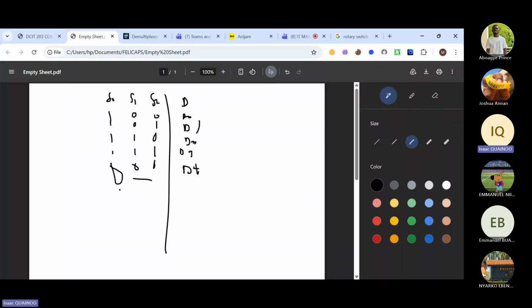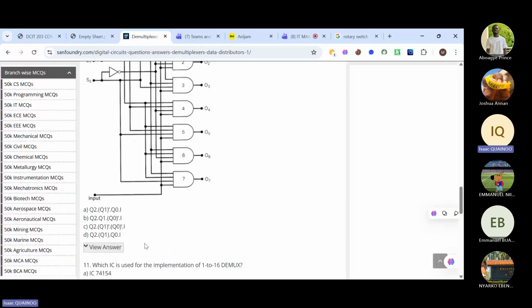So D4 is S0 complement, S1 complement, S2, and then our D4. Let's check which option corresponds to that. So I'll go for C.